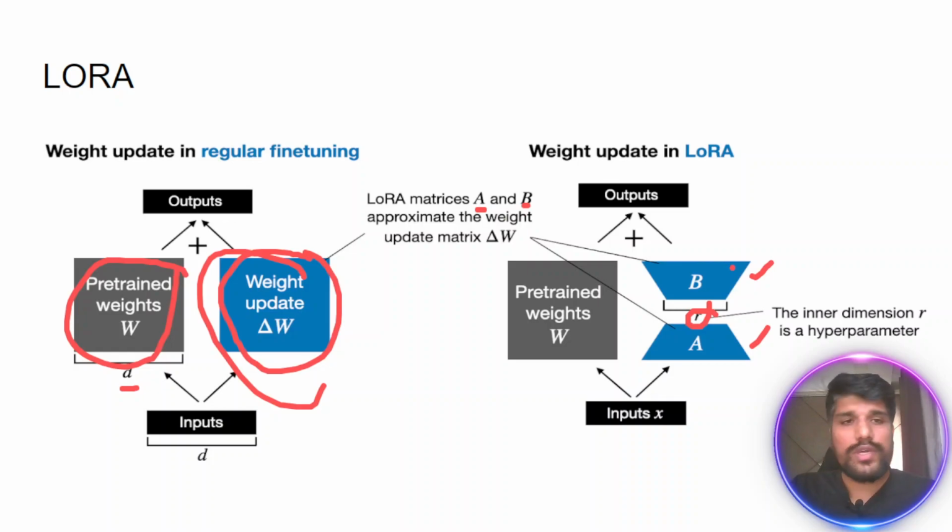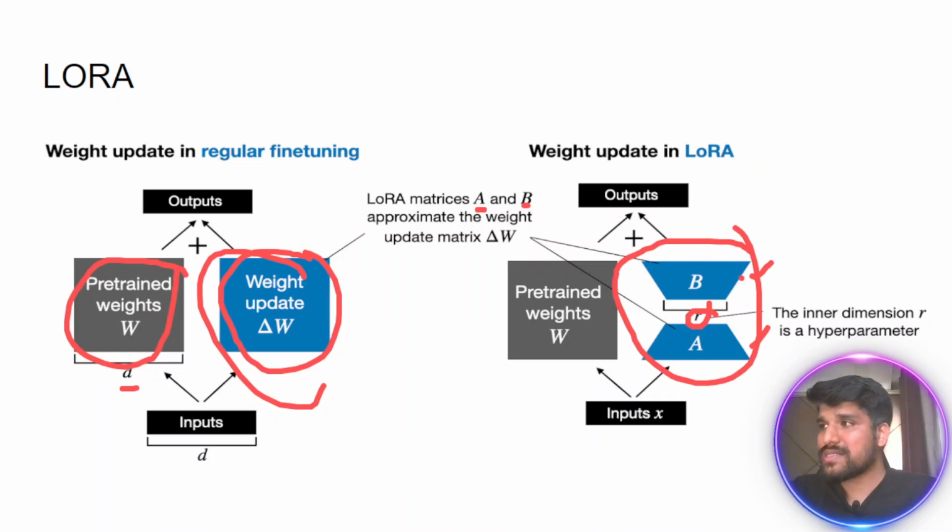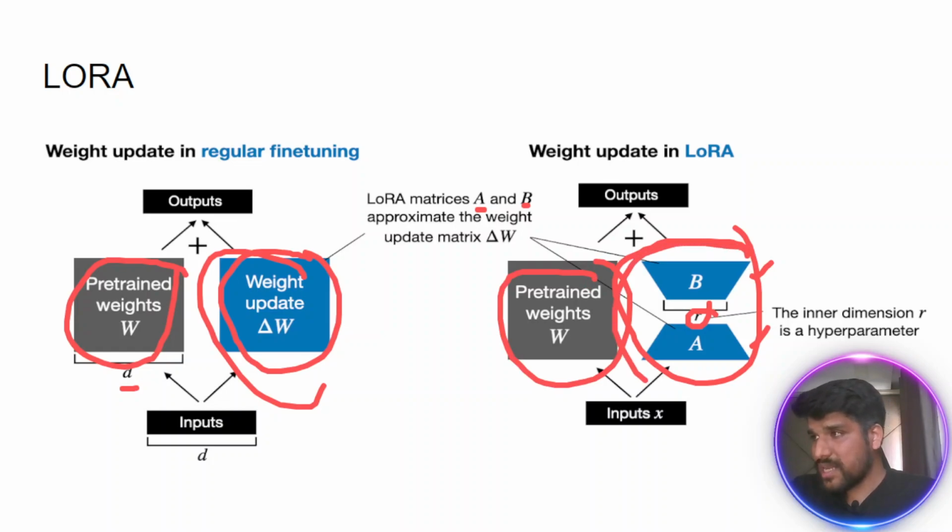When we are doing the training, this matrix is getting updated for our new data set, and at the time of inferencing, we combine these pre-trained weights with our other trainable parameters. So whenever a user gives any input, it has to go through this combination of pre-trained weights plus trainable parameters, and it gives the output.